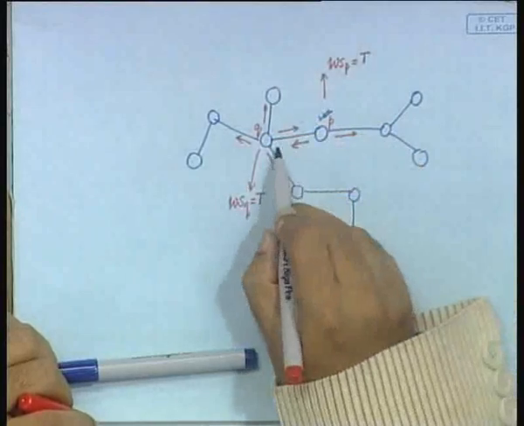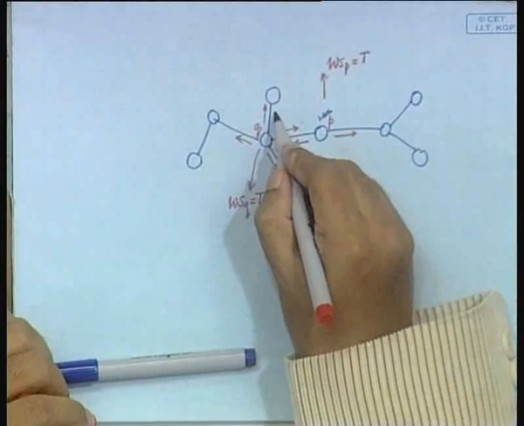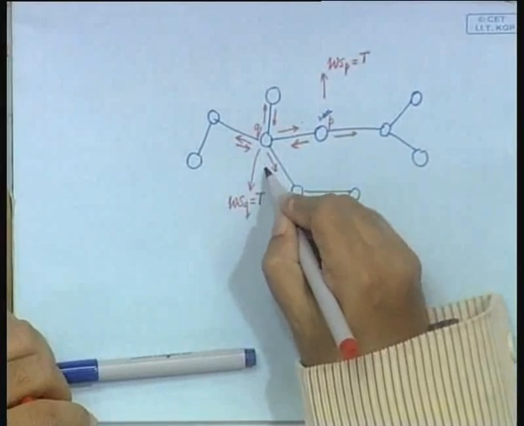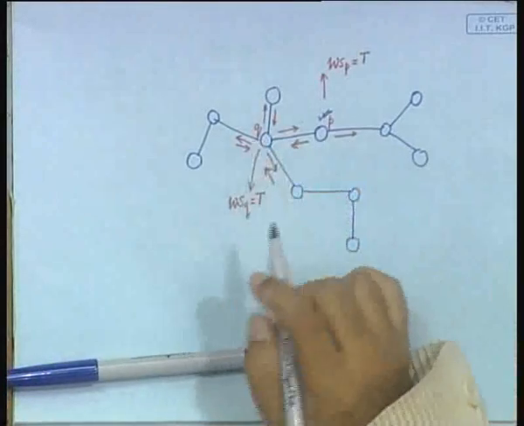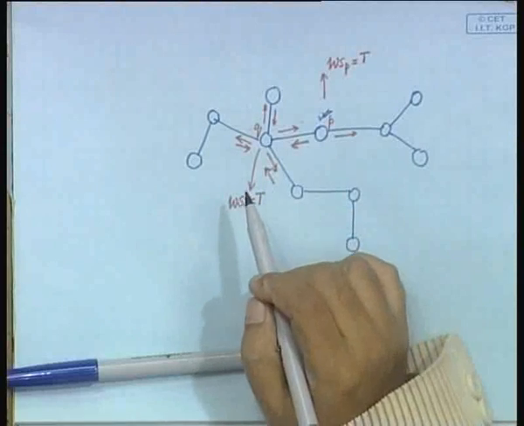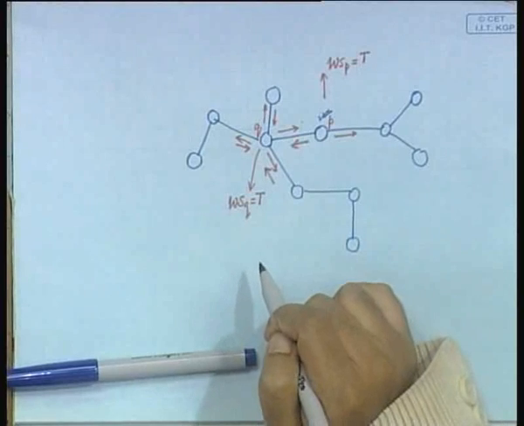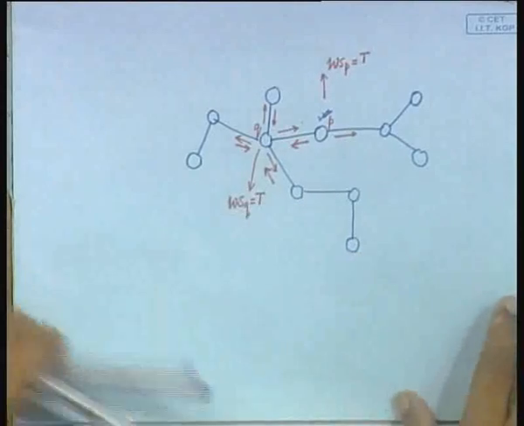So, it has already got wake up from here. It will wait until it gets wake up from this neighbor, this neighbor, and this neighbor. When it gets wake up from all of them, then its wake up phase is over, and it can go into the election part.